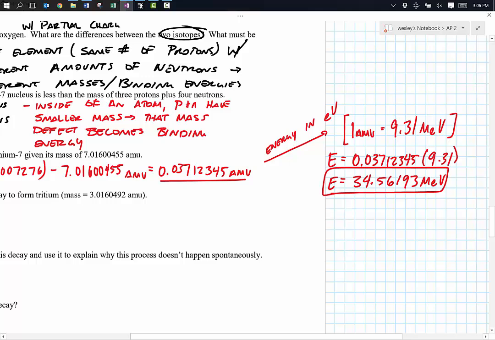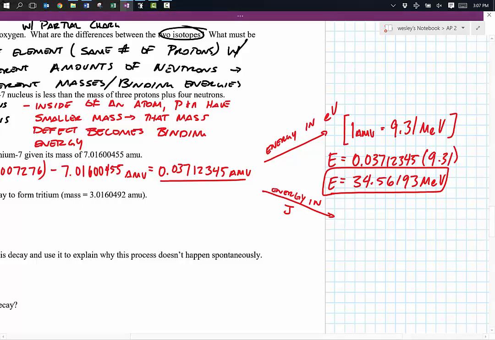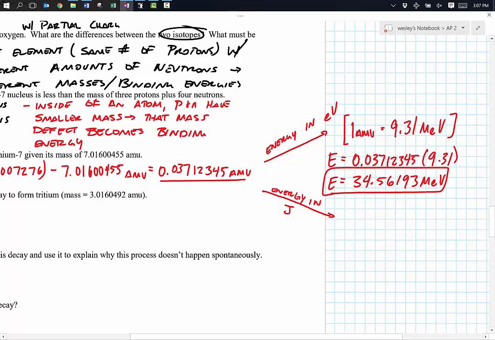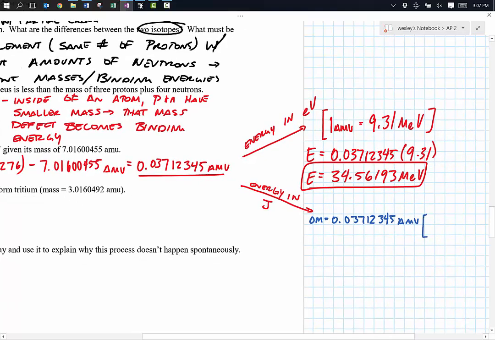The other way we could go with this is energy in joules. But to do that, I'm going to do this in a different color just to make life easy. This change in mass is 0.0371234 AMU, but we'd have to multiply that by 1.66 times 10 to the negative 27th kilograms.